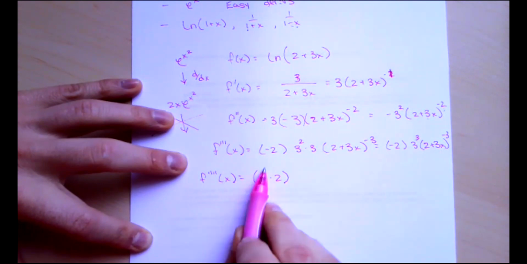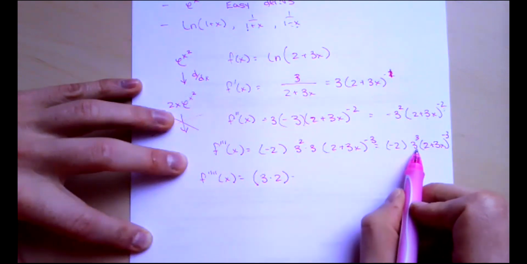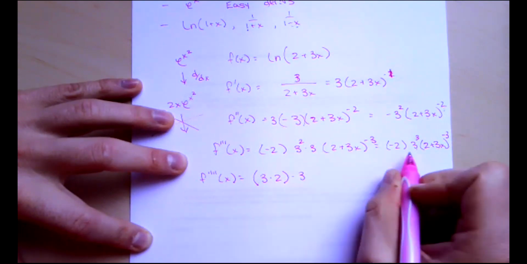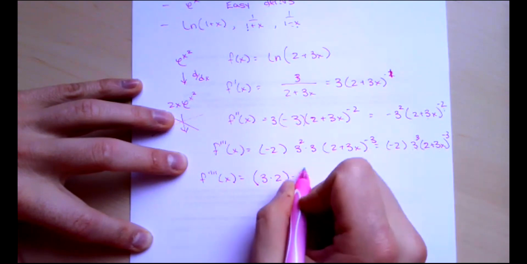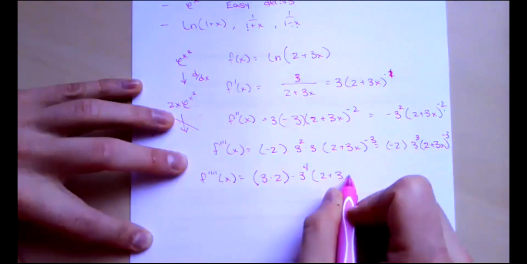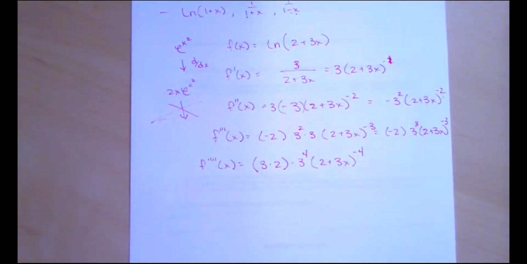I pull down that minus 3, became positive 3 times 2 times, I had 3 cubed from the chain rule of that constant. And so I will have that 3 cubed still times another chain rule, give me 3 to the 4th. And we get something like that.